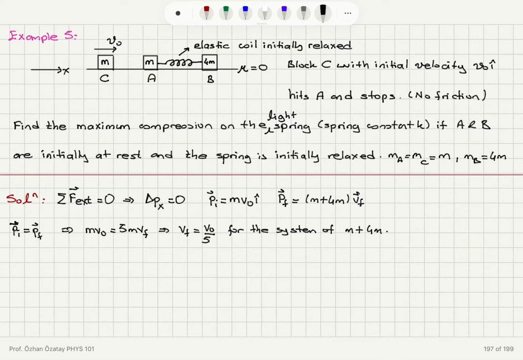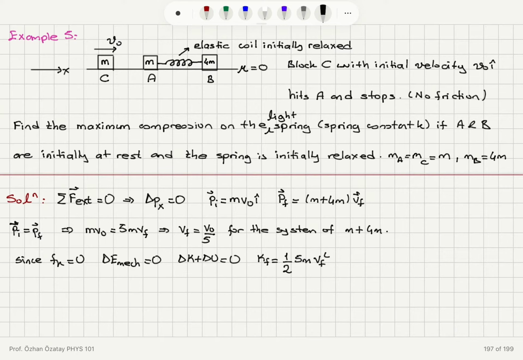Now, since I have no friction in the system, the kinetic friction force is 0, there is no change in the mechanical energy of the system. Delta E mechanical is 0. So delta K plus delta U should be equal to 0. The final kinetic energy is 1 over 2, I have a total mass 5m with the final velocity vf squared.